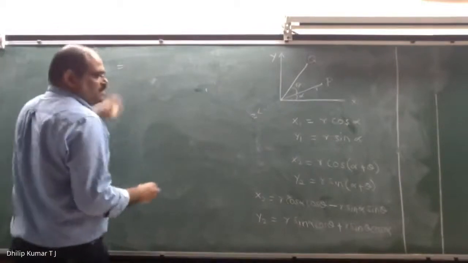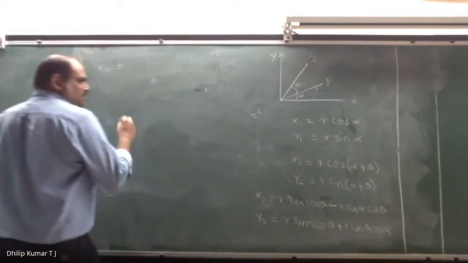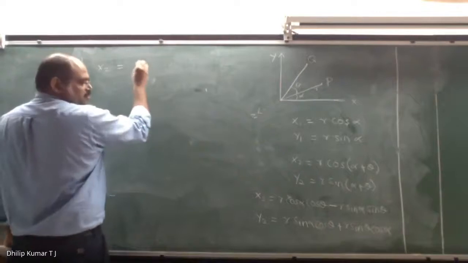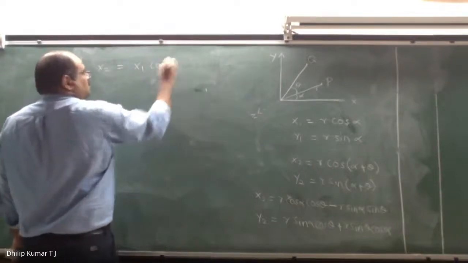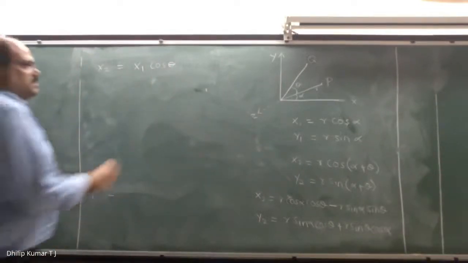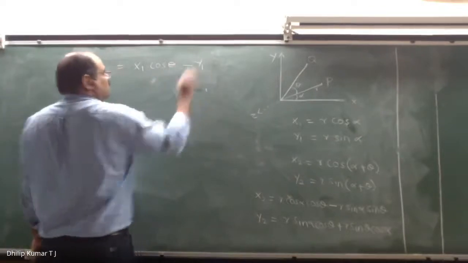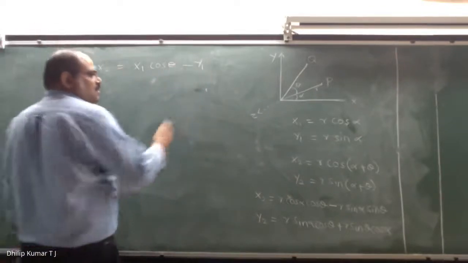So x2: we have x1 as r cos alpha, so x2 is x1 cos theta minus y1 sin theta.